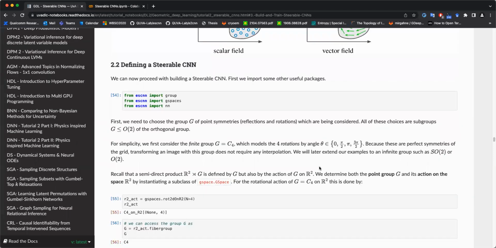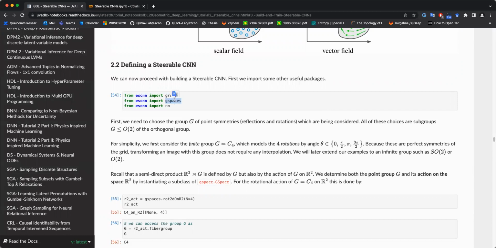Now, finally, we can go into details on how we build a steerable CNN. We have to import a few things from the library. We already imported group before to play with all the group and group representation related objects.